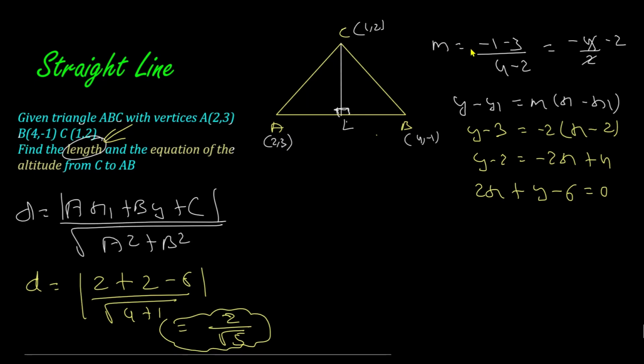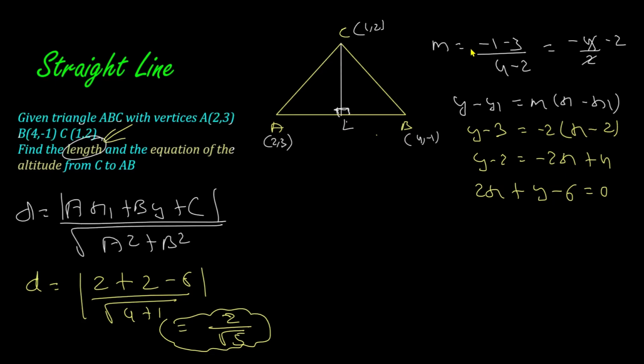Now check, in the later part we also have to find the equation of this line, that is the altitude. As you know, we have one point and we can obtain the slope of this line. And how so? It's because we know the slope of AB and this line is perpendicular to it. So we can use the relation of negative reciprocal to obtain the slope of the other line.